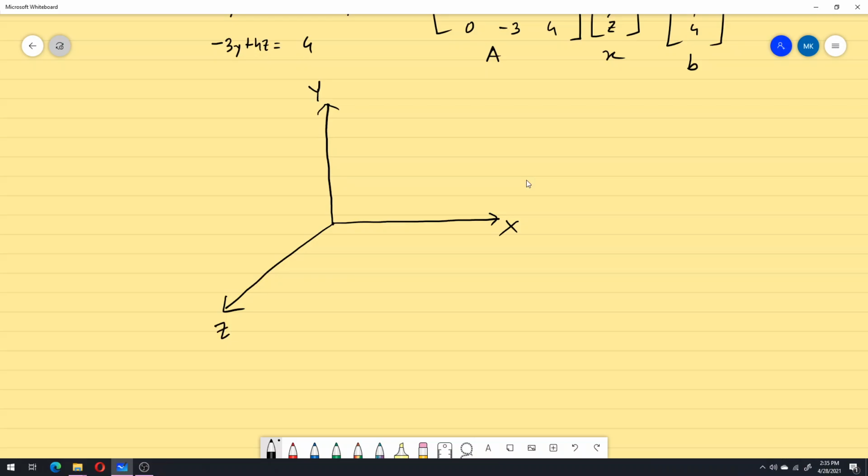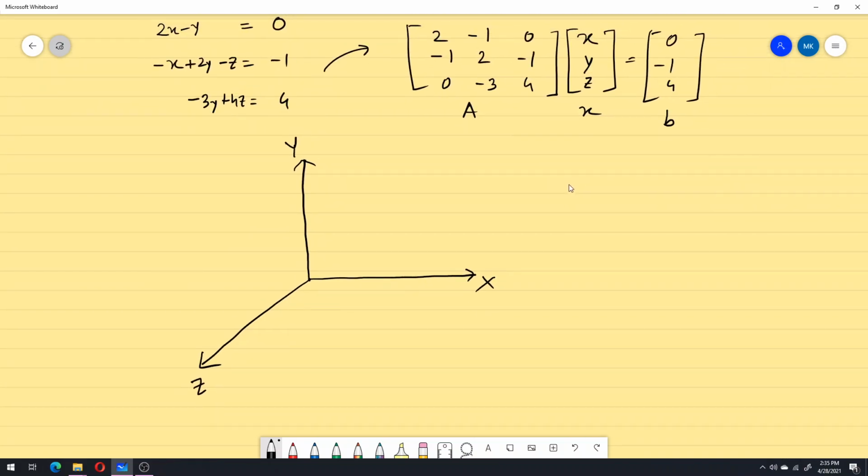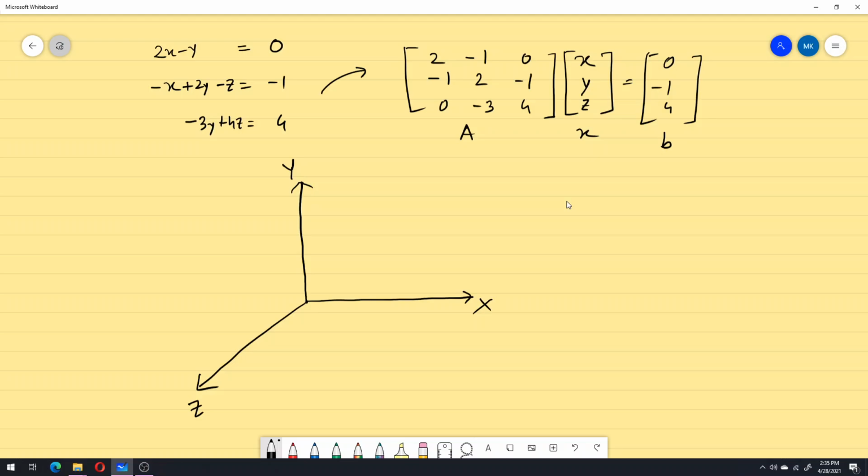Now if you try to draw the row picture first, then first try to draw this second equation. So the second equation has all the 3 components, right?